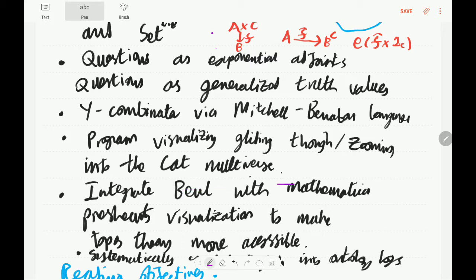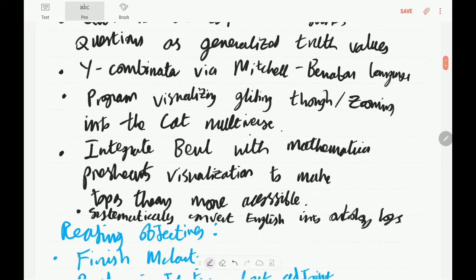I'd be interested in integrating that with Mathematica and including visualization of stuff to do with presheaves, so you can actually see, you know, it's kind of like a combination of McLarty's work and Reyes' work, where you can actually see these computations on, say, the topos of graphs or the topos of functions or whatever, see the outputs, and also doing this kind of stuff with the category of smooth spaces.